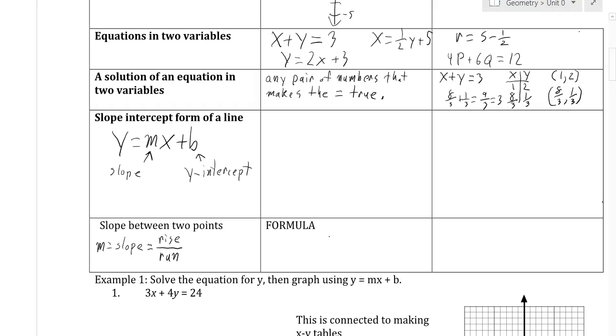This fraction is always going to be the same no matter how far apart on the line the points are or how close on the line the points are, because fractions always reduce. You can take the same number out of the top and the bottom, and it'll reduce to the same fraction no matter what 2 points you pick on a line.